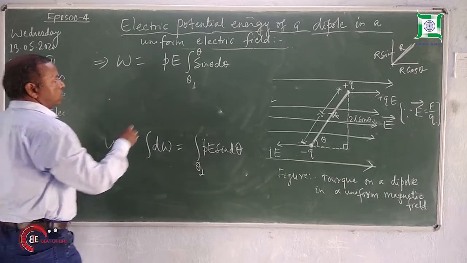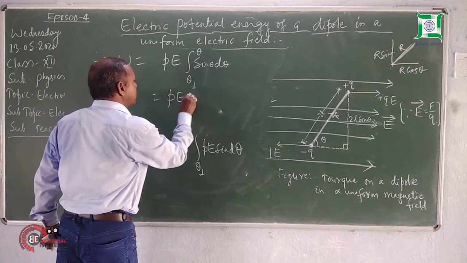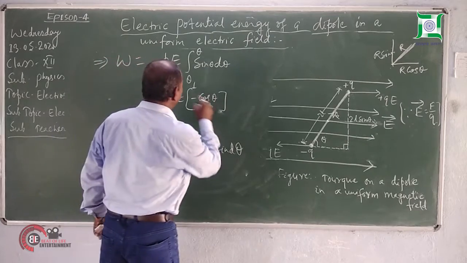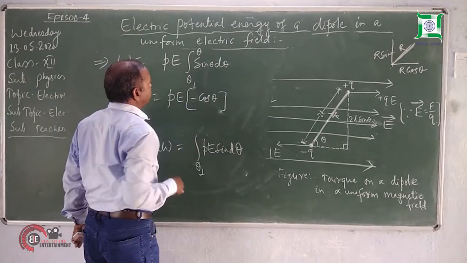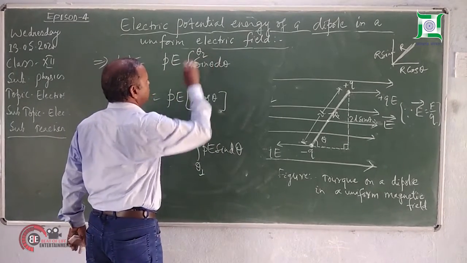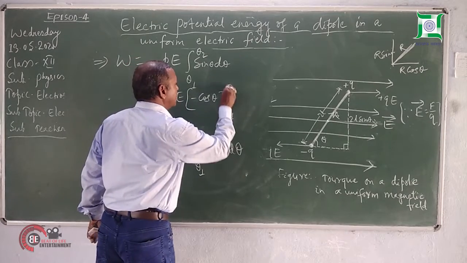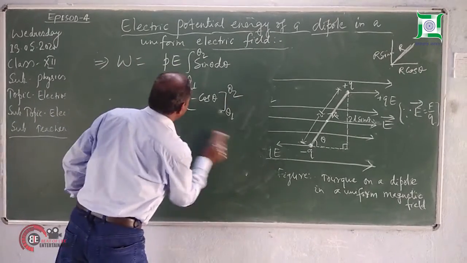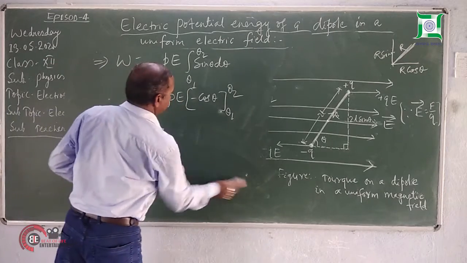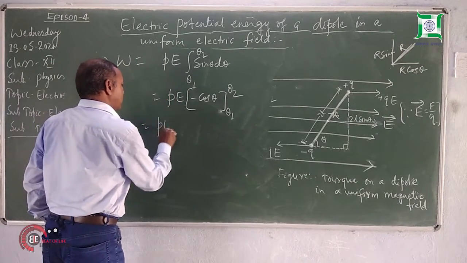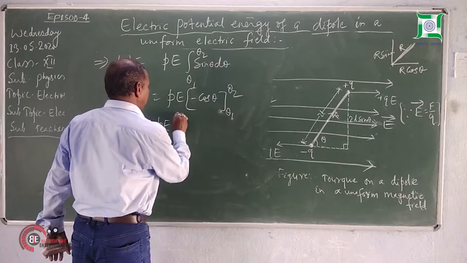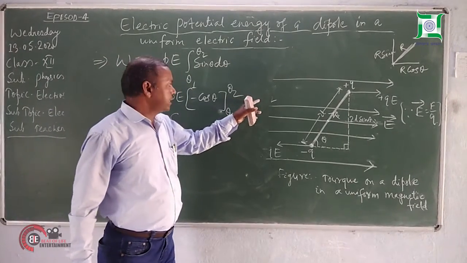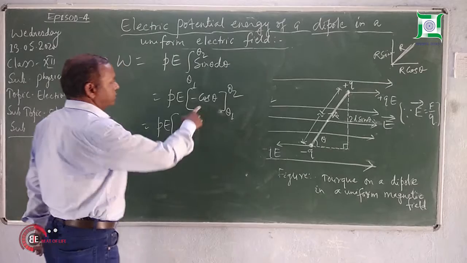So we write PE minus cos theta with the limits of integration theta 1 to theta 2. Now we put the value of the upper limit and then the lower limit in place of theta.